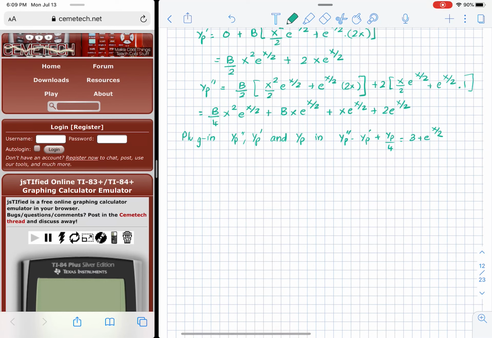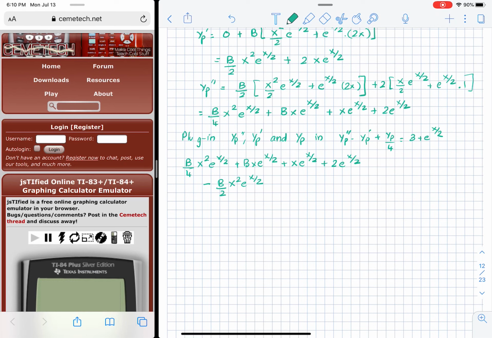So I will have b over 4 x squared e raised x over 2 plus bx e raised x over 2 plus x e raised x over 2 plus 2 e raised x over 2 minus b over 2 x squared e raised x over 2.